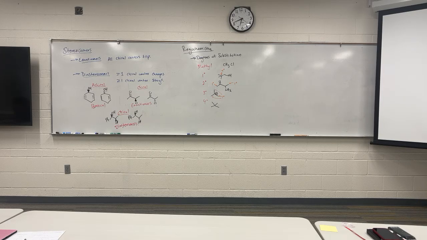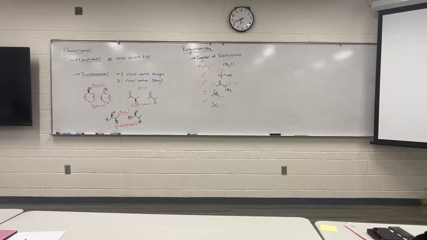I was just wondering if you could repeat your definition for what you said. Yeah. So a primary carbon is bonded to one other carbon. Sorry, no, about the methyl and the methyl group. Right. So this is a methyl group, but it's bonded to another carbon. So it's a primary carbon. It's not a methyl carbon.